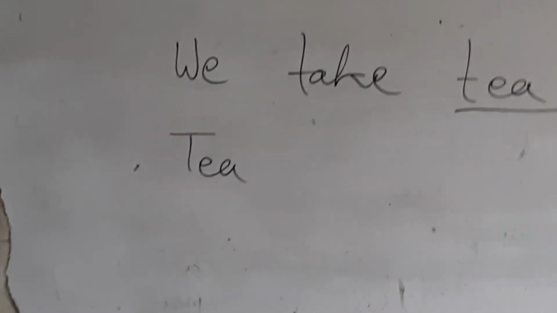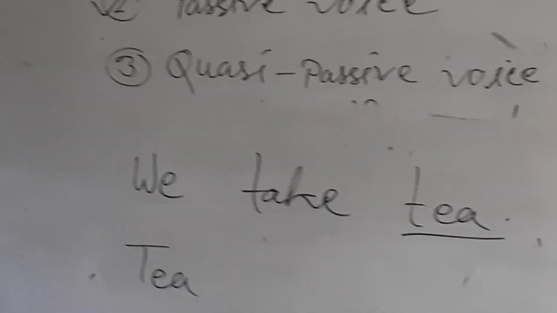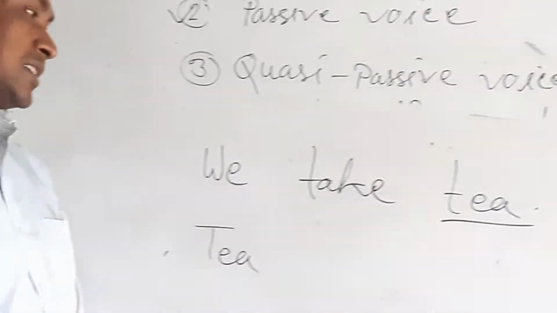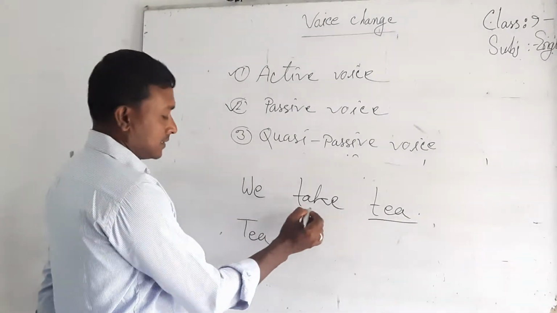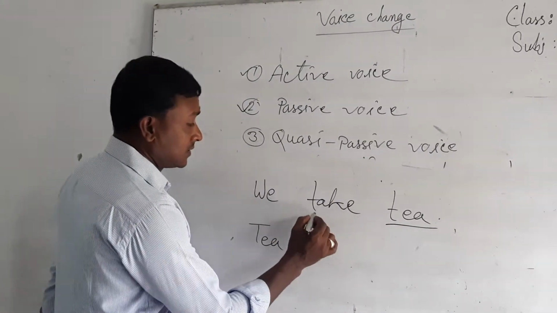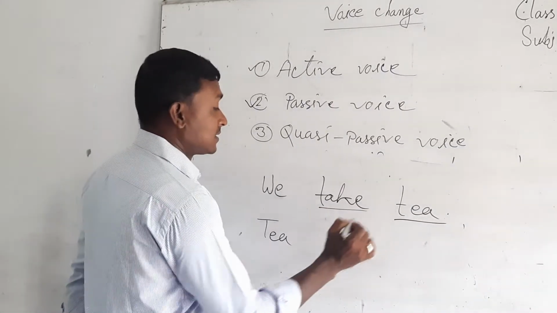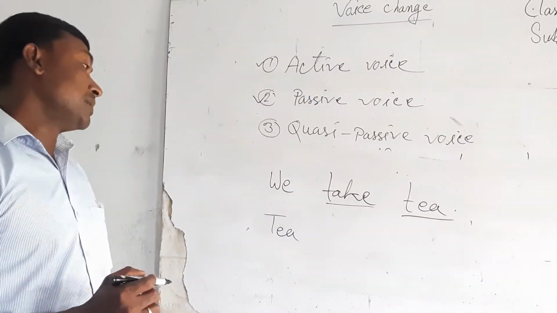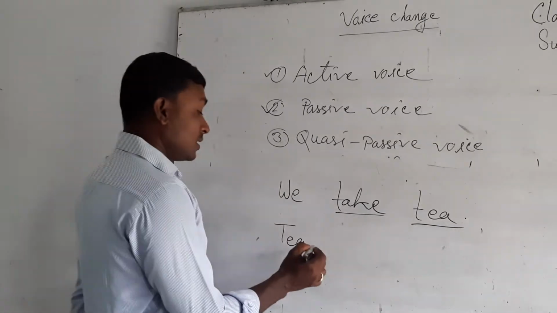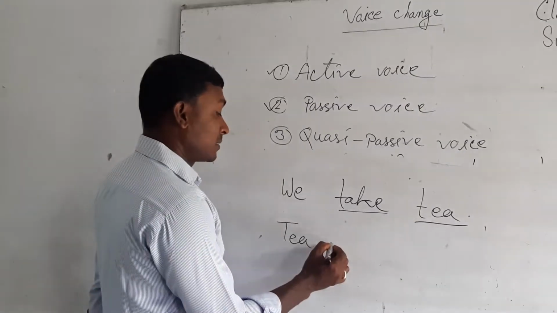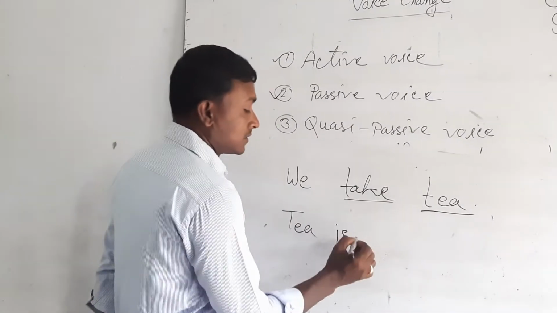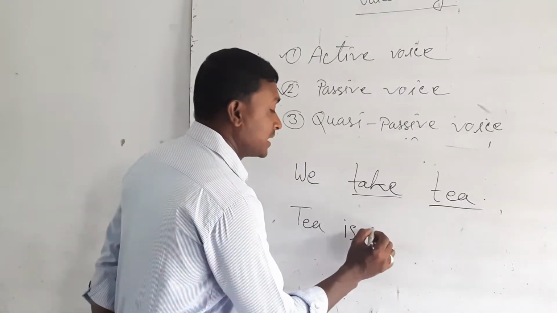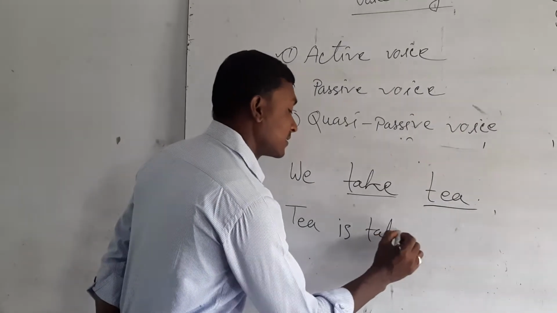After that, we have to change the form of the verb according to tense. Here this verb is in simple past form, so we will take the to be verb, and the past participle form of the main verb taken.